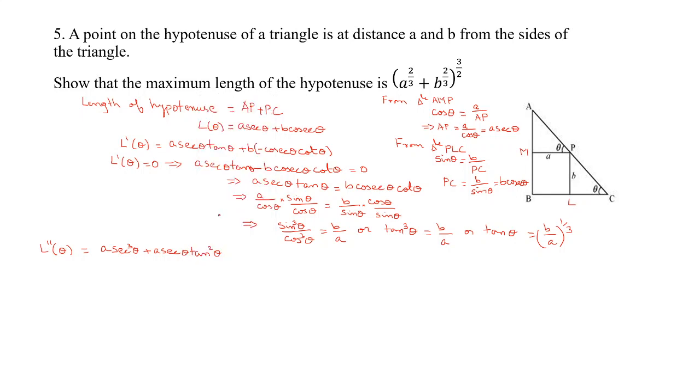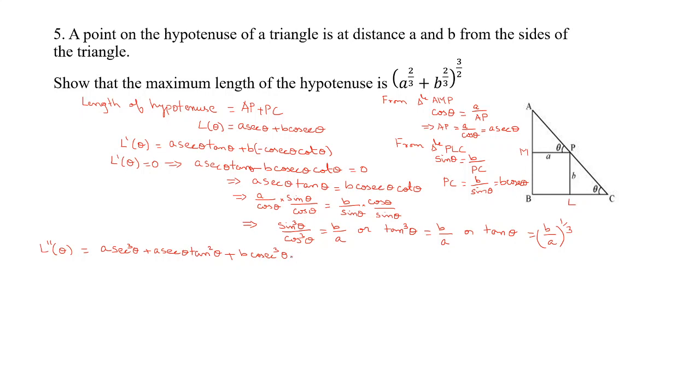Then minus b into cosecant theta cot theta, so the derivative will be cosecant cube theta. It will become plus, because cosecant theta into the derivative of cot theta will be minus cosecant square theta, so it will become plus.